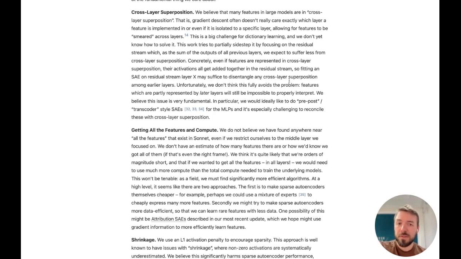Unfortunately, we don't think this fully avoids the problem. Features which are partly represented by later layers will still be impossible to properly interpret. I believe this issue is very fundamental. In particular, we would ideally like to do pre-post transcoder style SAEs for the MLP, and that's especially challenging.